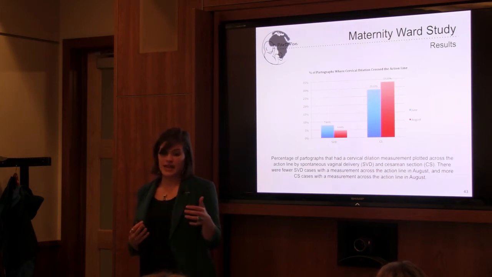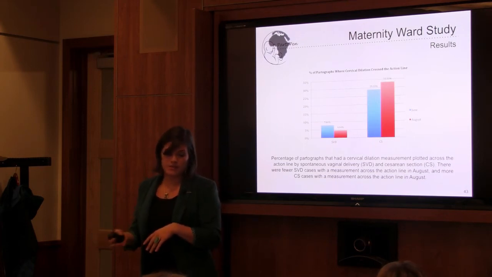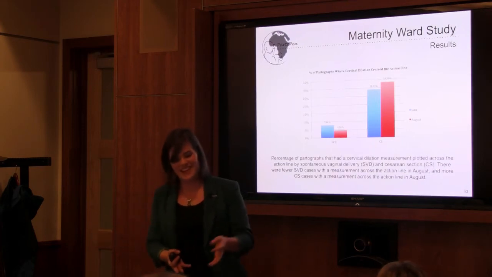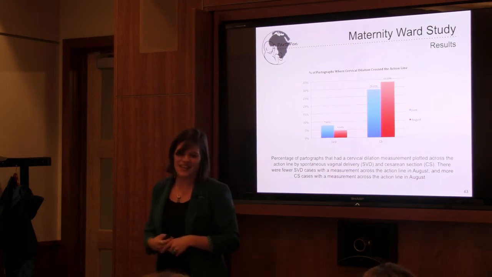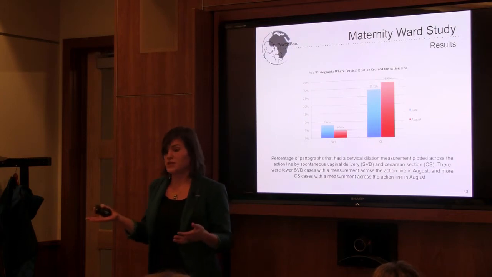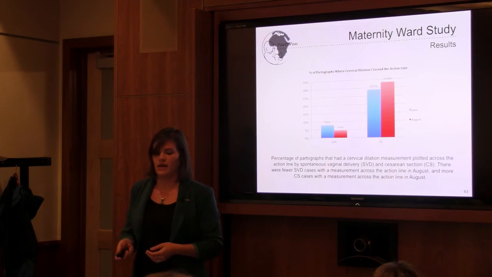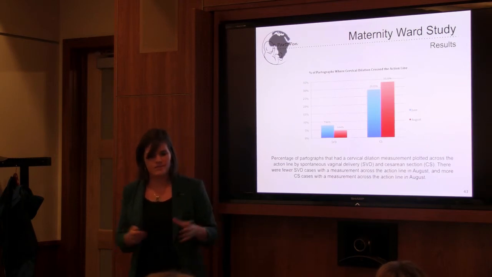And this is indicating that a lot of the women who delivered spontaneously actually crossed that action line and potentially should have received a C-section. And then you see the flip for C-sections, which is a good thing as well, if you think about it that way.